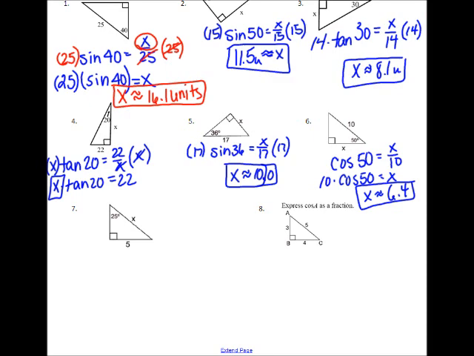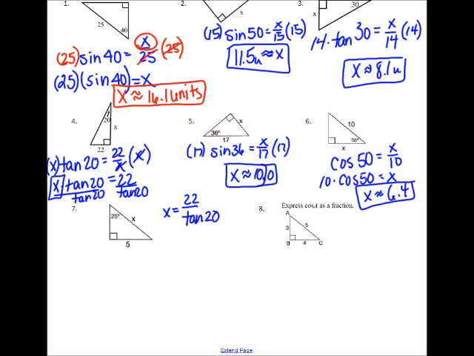Tangent of 20 equals 0.363970234. So this is a number. I'm going to divide both sides by tangent of 20 to get rid of it. Now x equals 22 divided by tangent of 20.